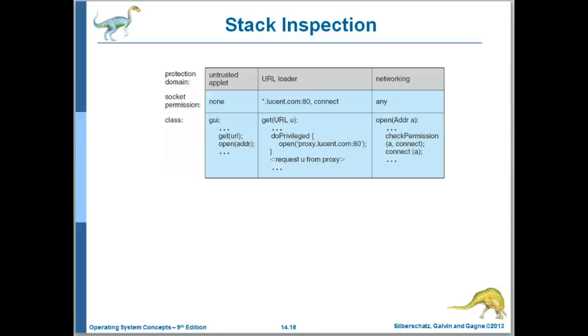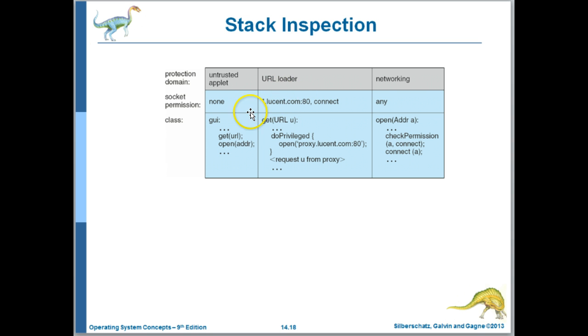So in this example, this untrusted applet executes a get with no socket permissions, executes a get method in URL loader, which has connect permission for this domain and this port.